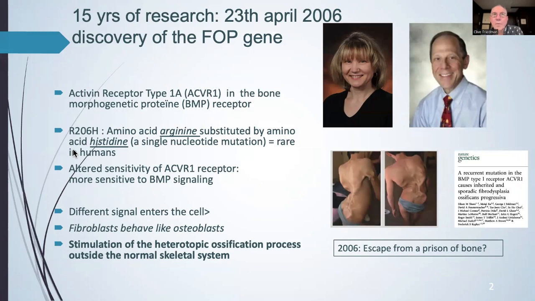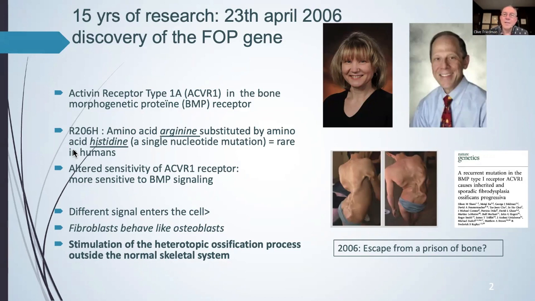FOP, the gene was actually discovered in 2006 by Dr. Eileen Shaw and Dr. Fred Kaplan. And it was identified as the escape from prison of bone. So the mutation in the gene, the ACVR1 gene, essentially translates into the BMP, or the bone metabolic pathway protein, in which an amino acid arginine has been replaced by histidine.